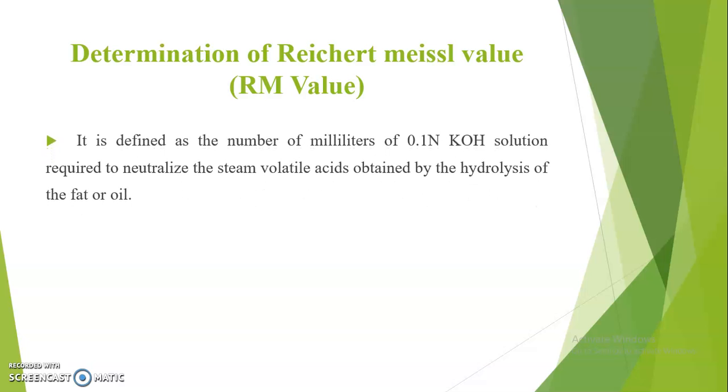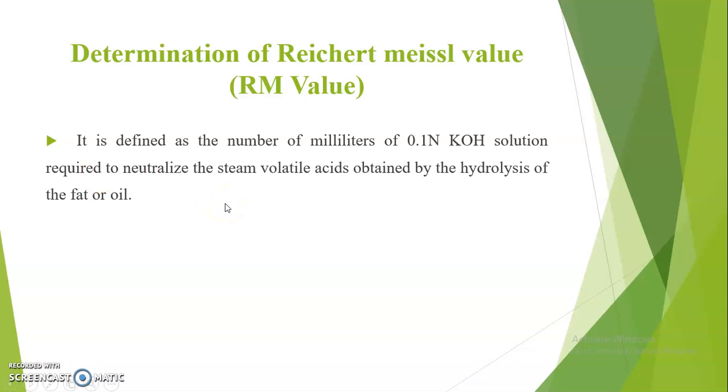Now what is this RM value? RM value is defined as the number of milliliters of 0.1 normal potassium hydroxide, that is the KOH solution, required to neutralize the steam volatile acids. This is very important. What we are going to neutralize are the steam volatile acids obtained by the hydrolysis of fat or oil.